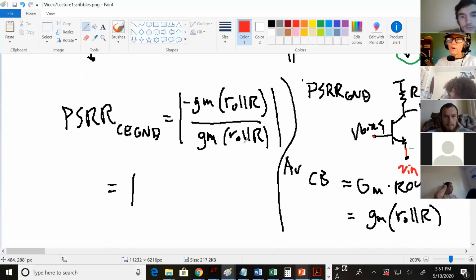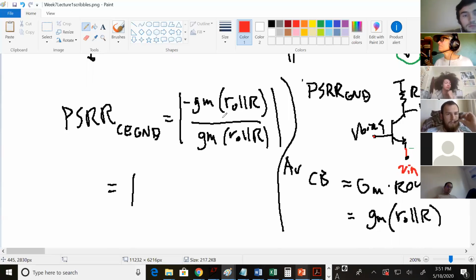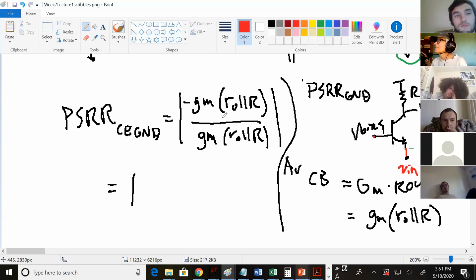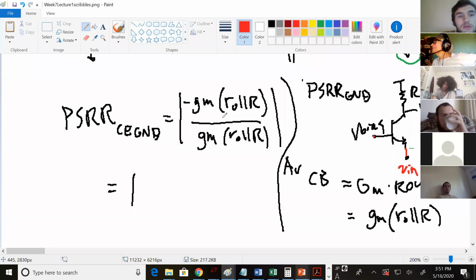How much a signal on ground gets multiplied and shows up on the output is just the gain of a common base, which is gm times RO parallel with R. And that equals 1. So signals on ground get amplified just as much as signals on your input. Is that a good thing? No. That's pretty bad. That's an awful power supply rejection ratio.